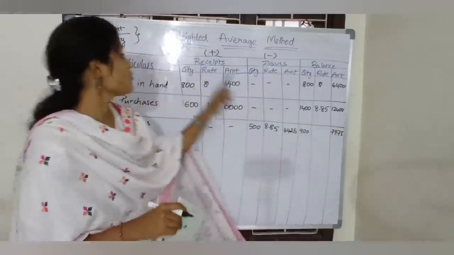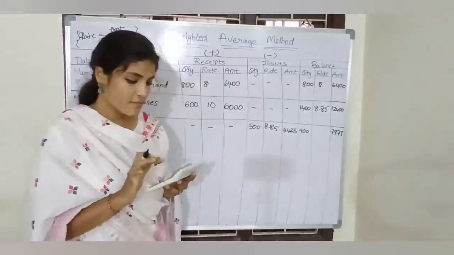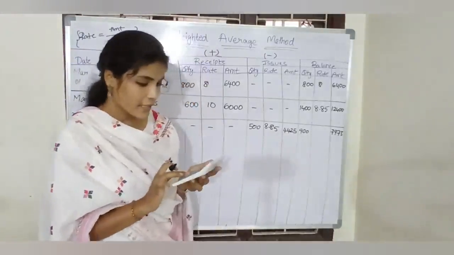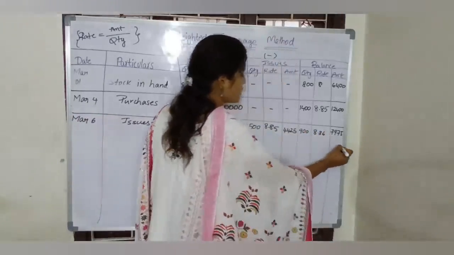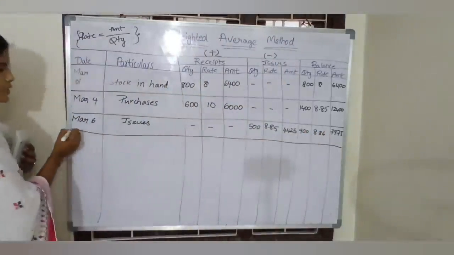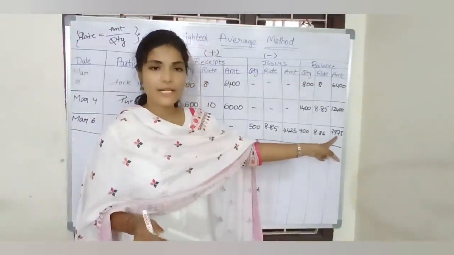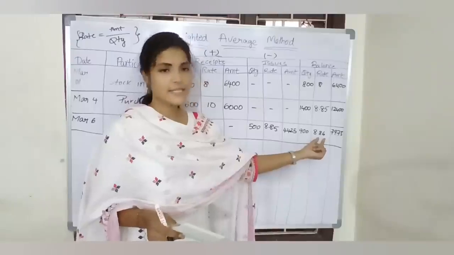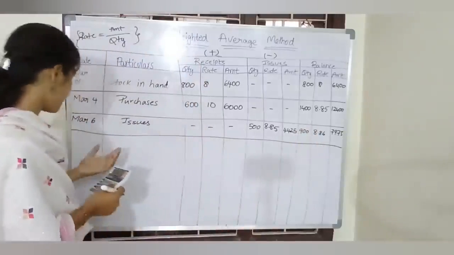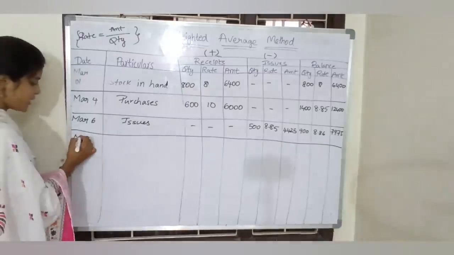To find out the rate, what is the formula? Amount by quantity: 7975 divided by 900. If you do that, 8.86 will be your rate. Understood? Next, after March 6th you are having March 8th.